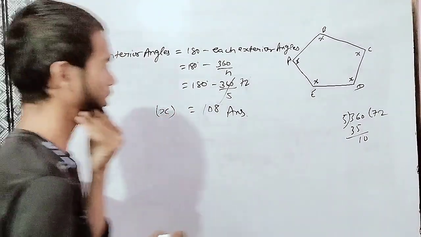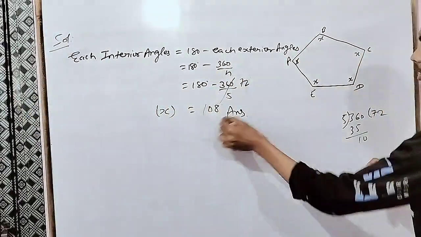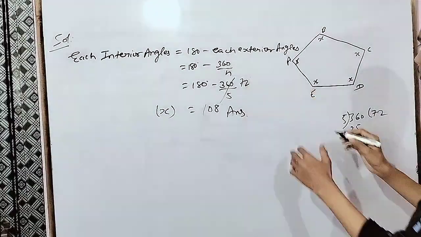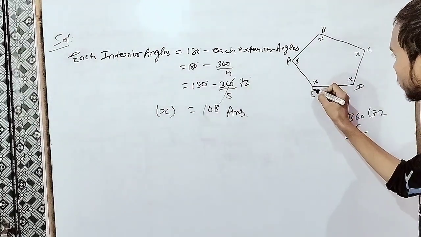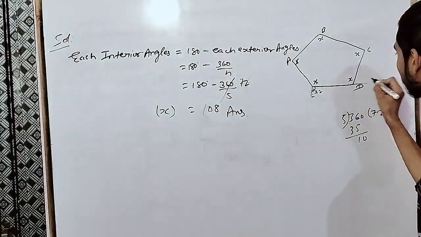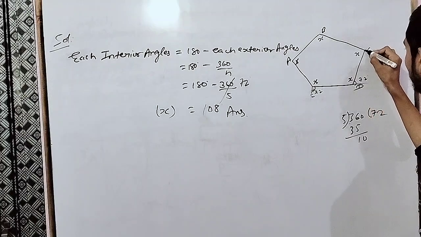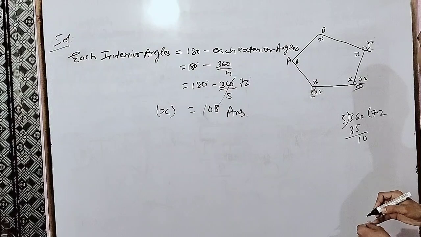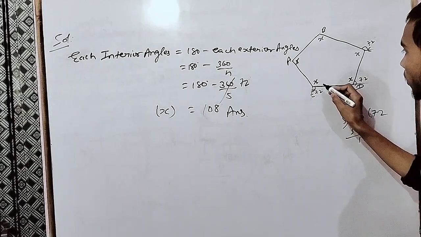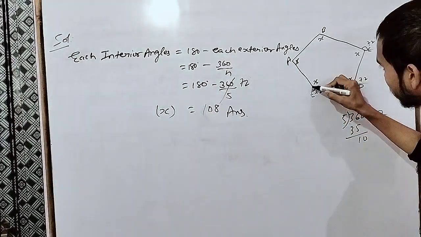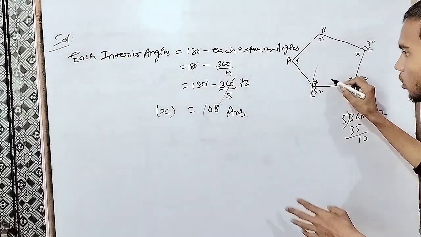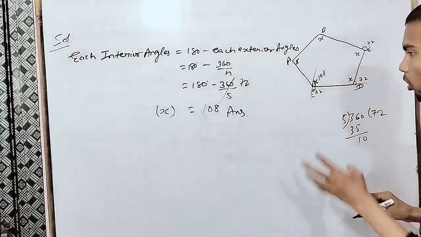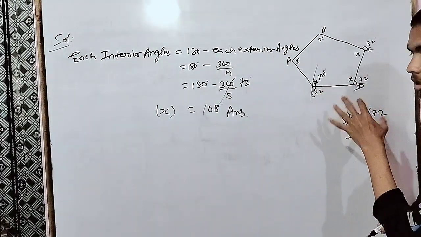It is saying that this is a 72. This is a 72. This is a 72. Clear? But this X is how much? 108. Now you can see we have a linear pair.